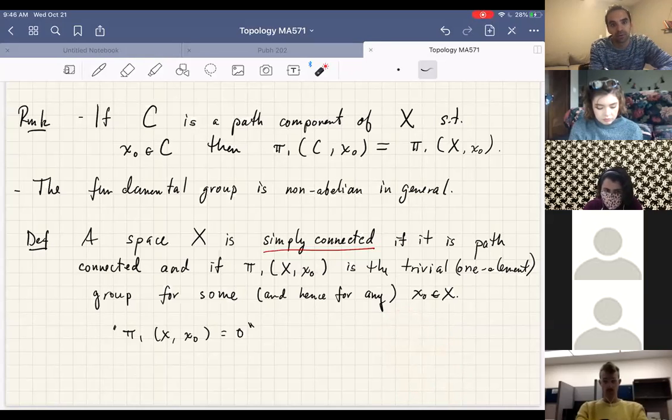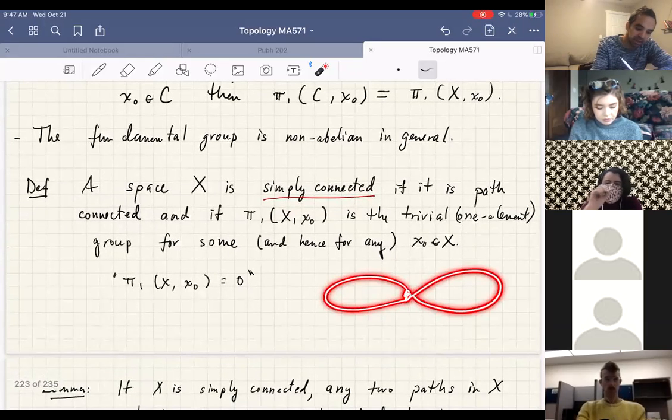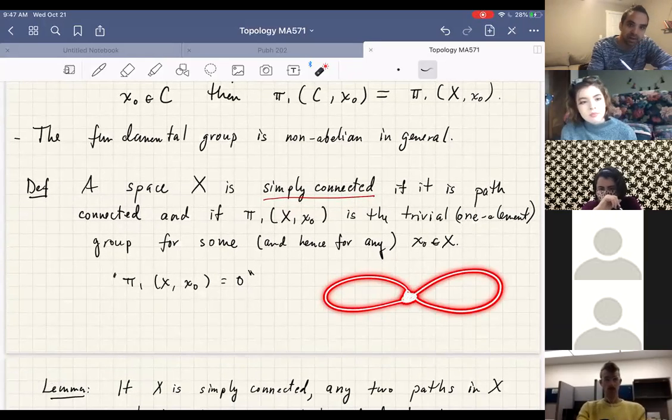Of course, we haven't computed any examples yet, but we will see. As soon as you have a space like a figure 8, like a graph with two loops, then you have a non-abelian fundamental group. Okay, we will see.